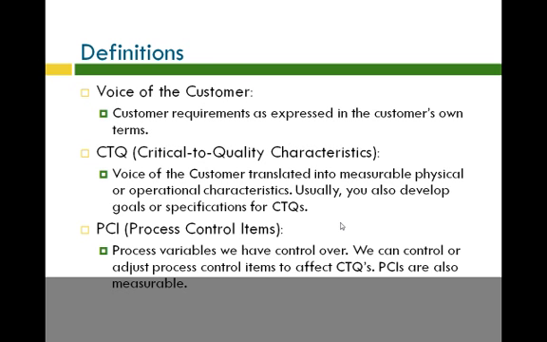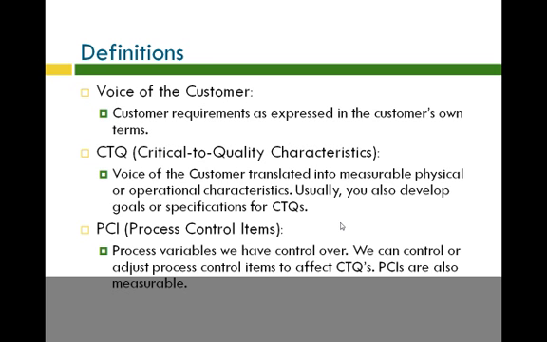And our process control item, or a PCI, those are the things we have control over. Typically the process control items are items that affect the CTQs. Now remember, the CTQs are things that the customer cares about. The process control items are not necessarily things the customer cares about.